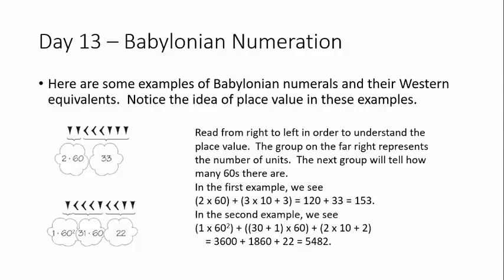So you've got the 3 angles and the 3 triangles grouped together. What that represents is 3 10s and 3 1s, or 33. And then to the far left, you've got 2 triangles, and that represents 2 60s.